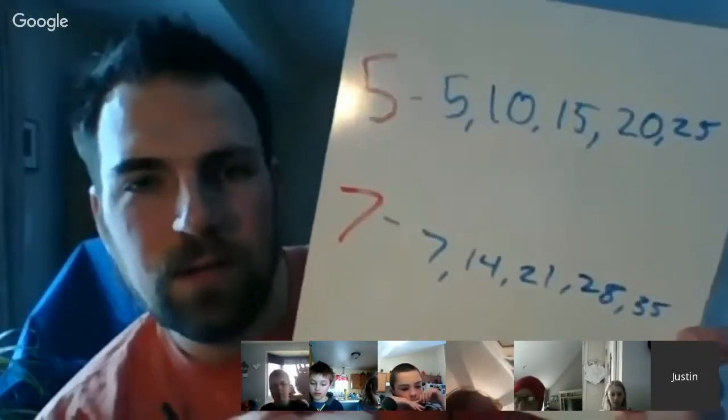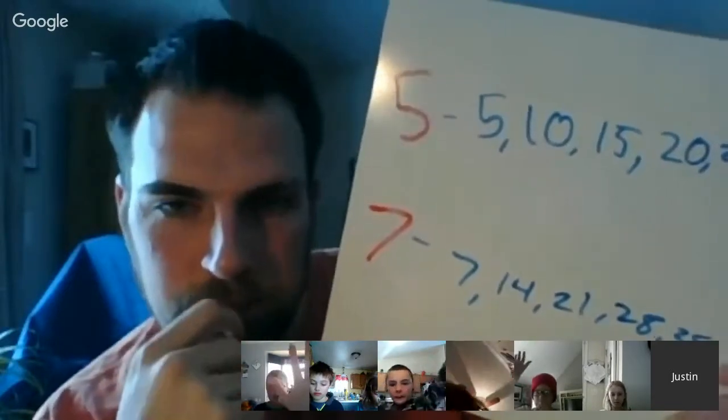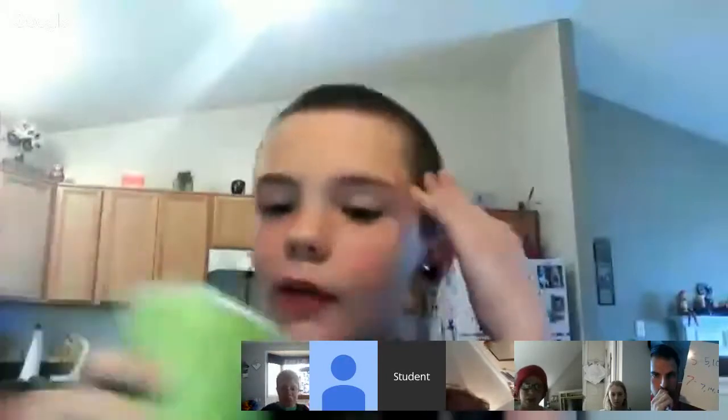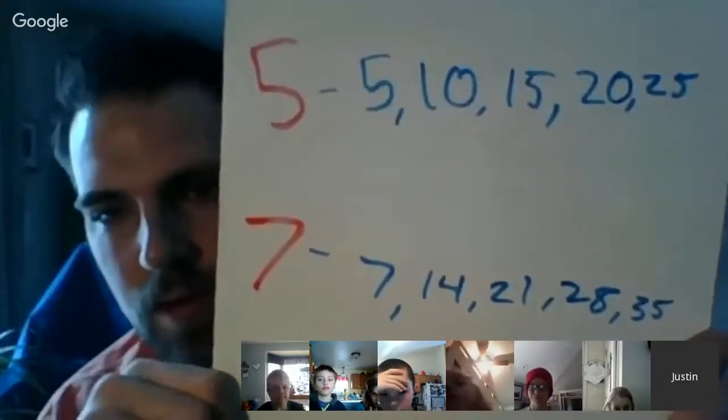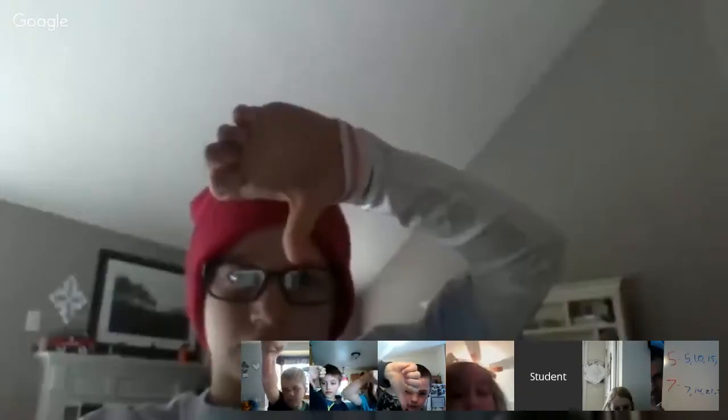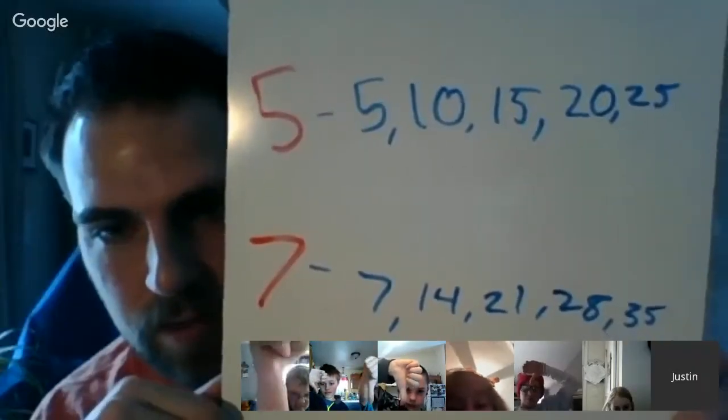We have 5 on each. What's our next step? Corinne, what's our next step? You see if you have any matching numbers, and if you don't, you go up 5 more. Right. And do we have a matching number? Give me thumbs up or thumbs down. Right. We do not have anything matching.